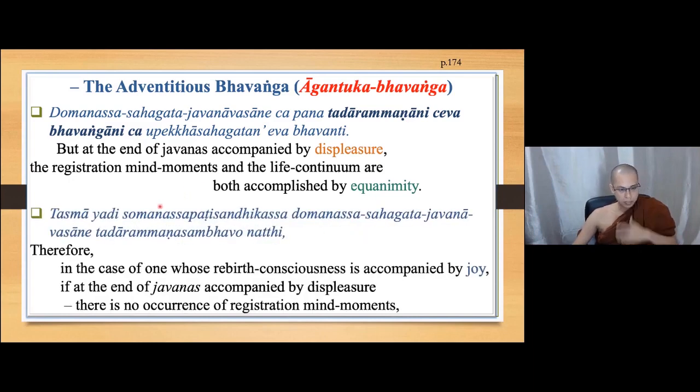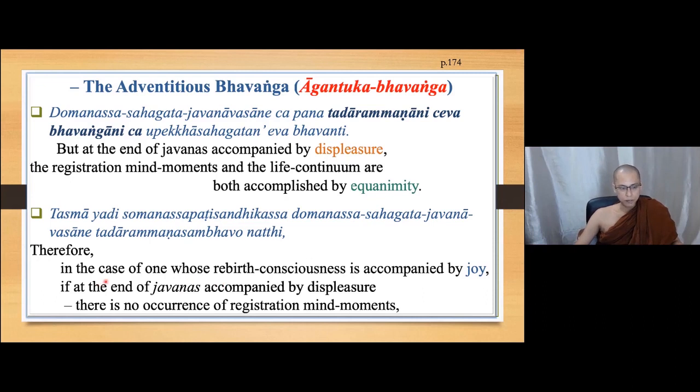Yadipi here means not exactly, not a precise condition. Yadipi can be translated as 'if' in English, an uncertain or unreal situation like this. So, yadipi somanassa patisandhikassa domanassa sahagata javanavasani. Somanassa is joy. Patisandhi is rebirth. So how does the English translation describe this meaning?